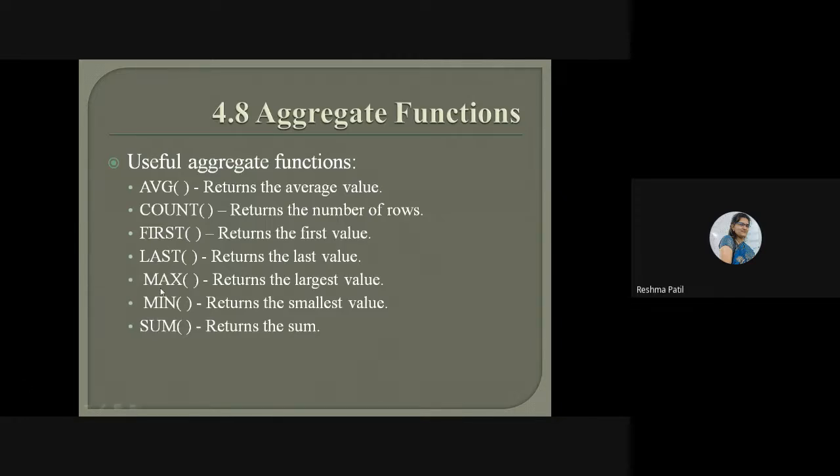Then max returns the largest value, and min returns the smallest value. For example, out of 10 values, which is the maximum or which is the minimum will be found using these two functions. Sum is used to add all the column values, so it returns the sum of all column values. These are some useful aggregate functions.